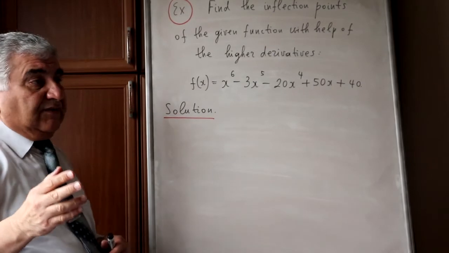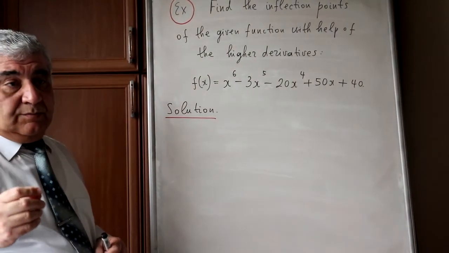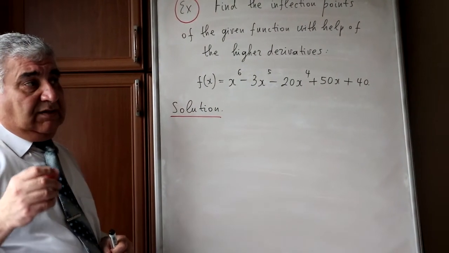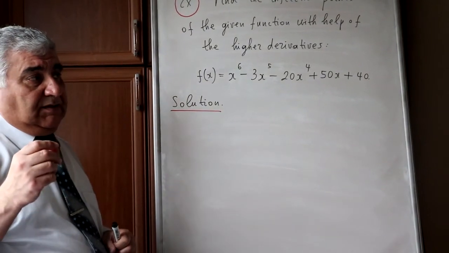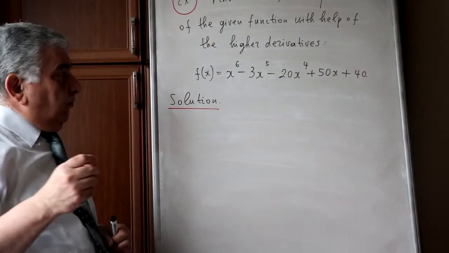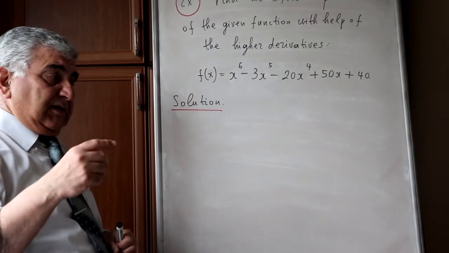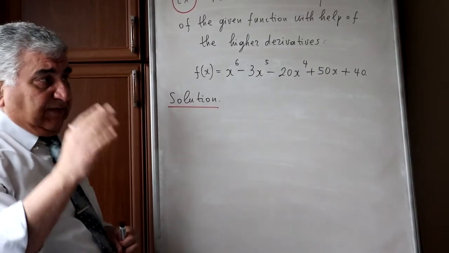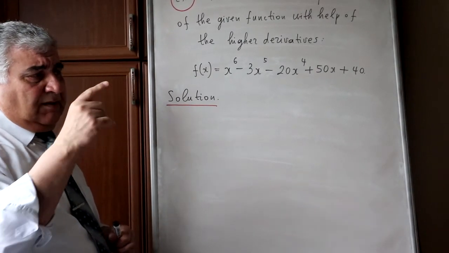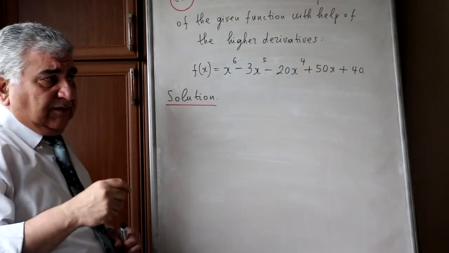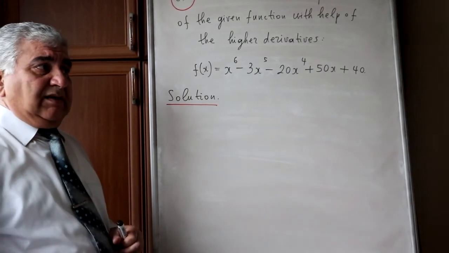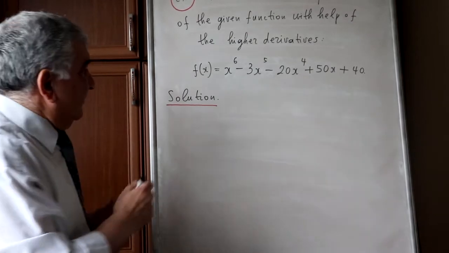First, we must find the second order critical points. For this, we must equalize the second derivative to 0. But for finding the second derivative, first we must find the first derivative, because the second derivative is a derivative of the first derivative.